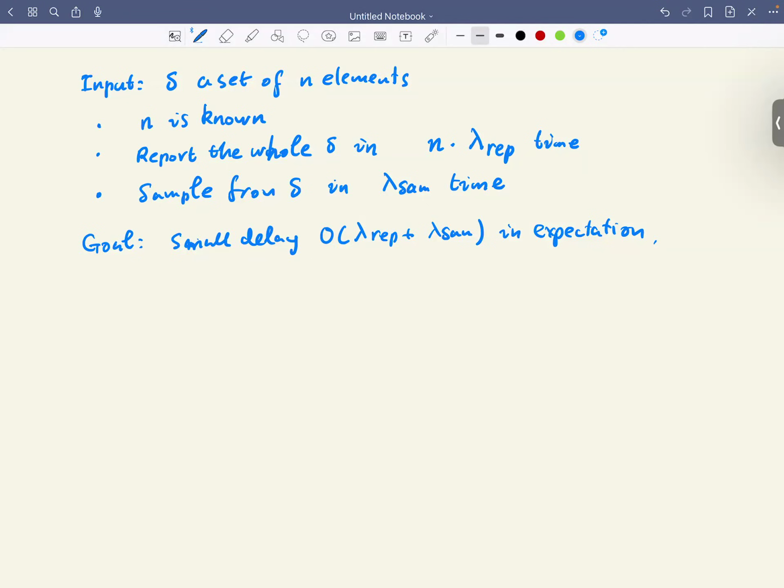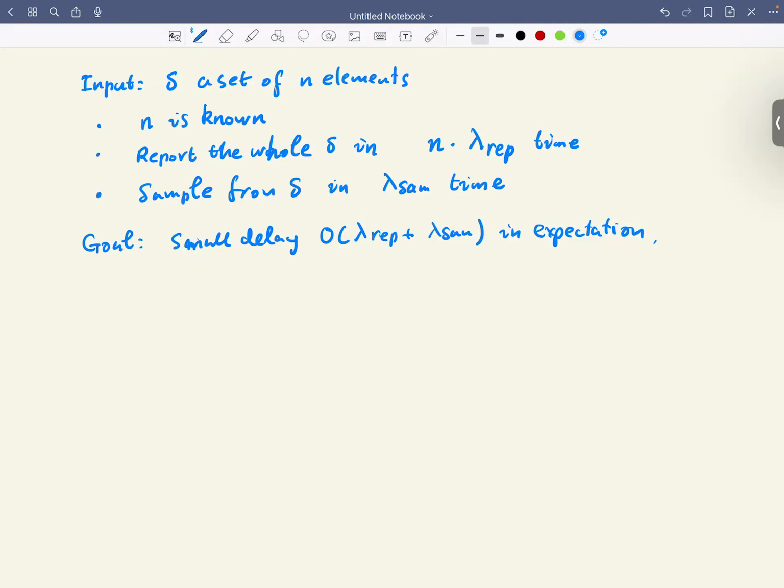Every iteration, if I say it's a small delay in the worst case, then every iteration will have a strictly bounded amount of time. Here, the small delay is in expectation. If you look at the time of an iteration, it can be a random variable, and the expectation of this random variable will be bounded by the sum of these two lambdas, lambda rep plus lambda samp.